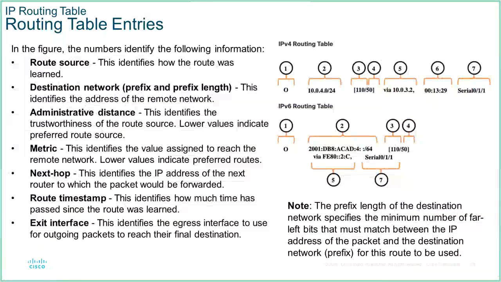And then we'll have the interface to forward this packet on. So this is our outbound interface to get to that network. So we forward packets for the 10.0.40 network out of serial 0/1/1 to the next device at address 10.0.32.